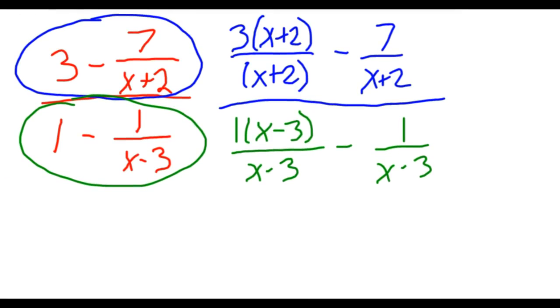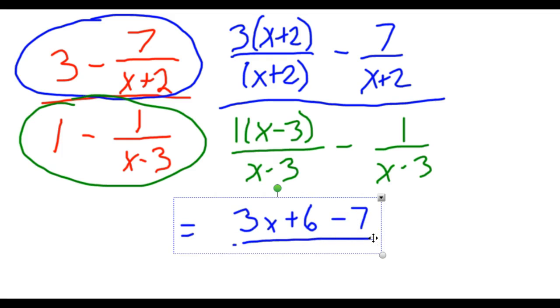Now we need to try to simplify this, make it look a little neater. If we distribute up here 3 times a quantity of x plus 2, 3 times x is 3x, plus 6 minus 7, and that is over x plus 2.